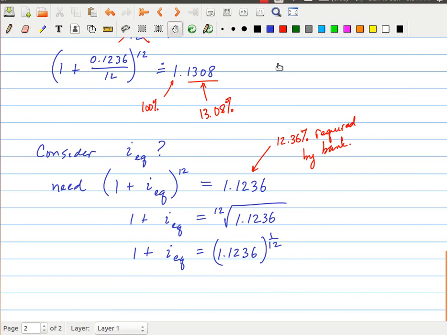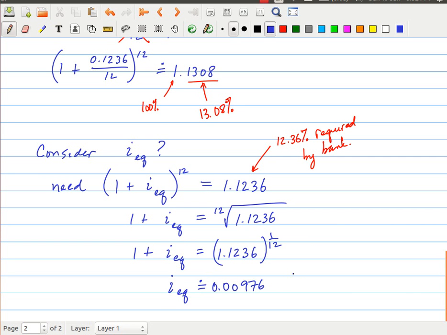And so I equivalent is going to be, and I'm going to subtract 1 from both sides, and I'm going to use this to find I equivalent. And if I go through it, in this case, I end up with 1.1236 to the exponent 1 over 12, and then I subtract 1, and in this case I actually end up with 0.00976, and that's an approximate value.